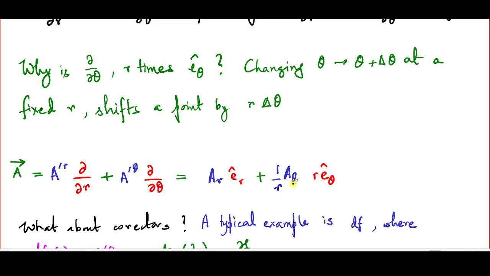A prime theta on the other hand, the one we had calculated, is actually 1 over r times the standard cross radial component a theta. But the basis vector del theta is actually r times e theta. These two factors of r cancel and you actually have a_r e_r plus a theta e theta. So there is really no inconsistency.